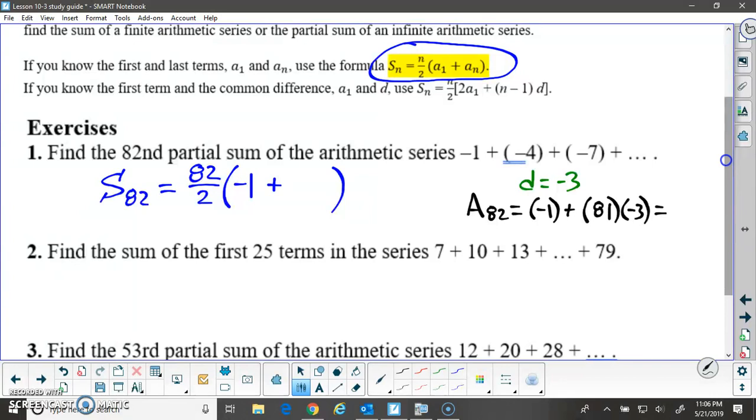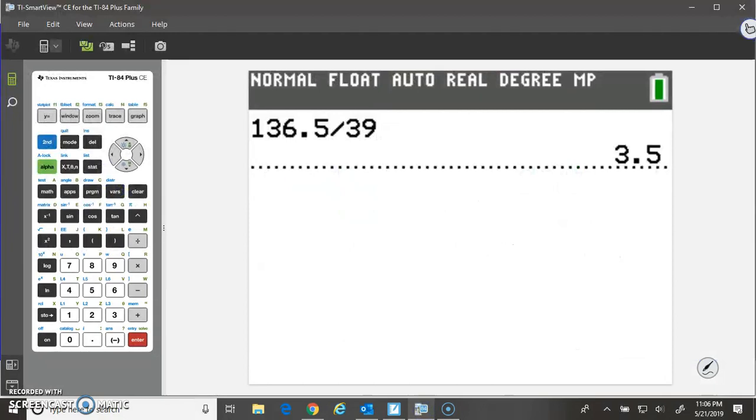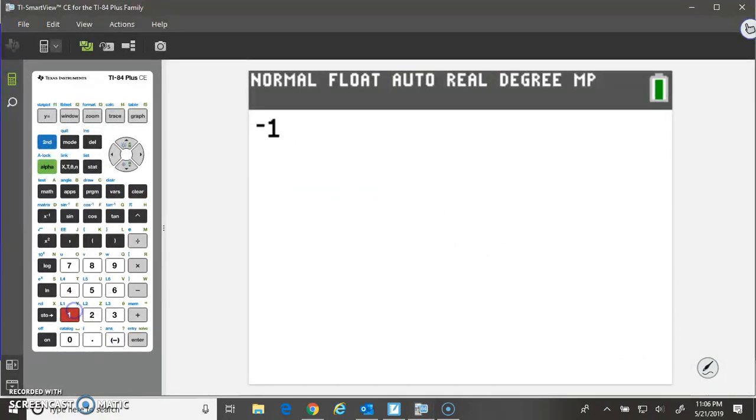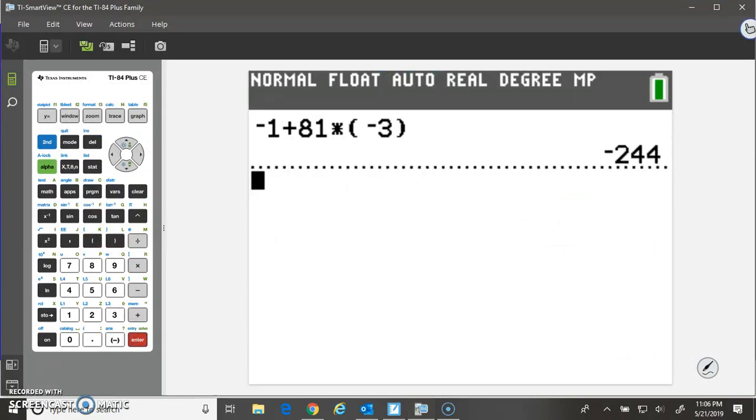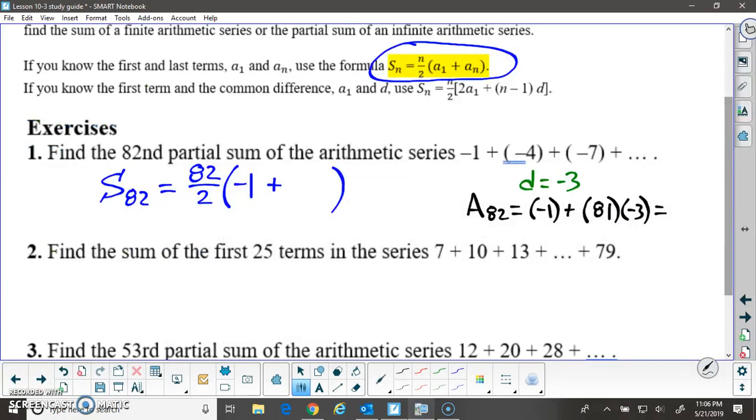So this would give us -1 plus 81 times -3, and we get -244. So if I put that into the formula right over here, -244, that's going to give me the sum of the first 82 terms.